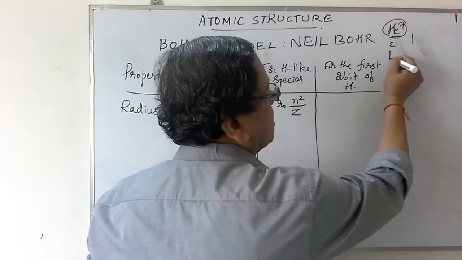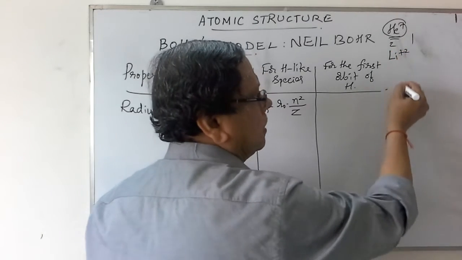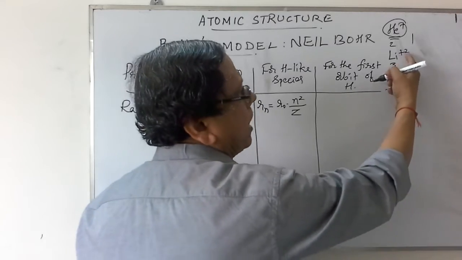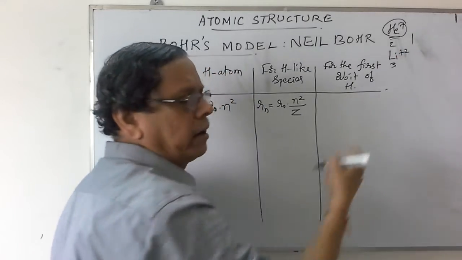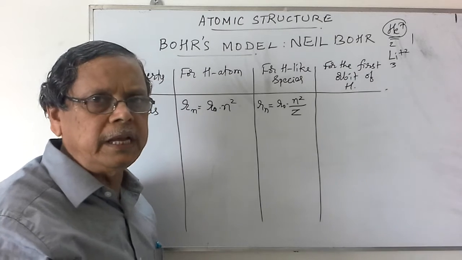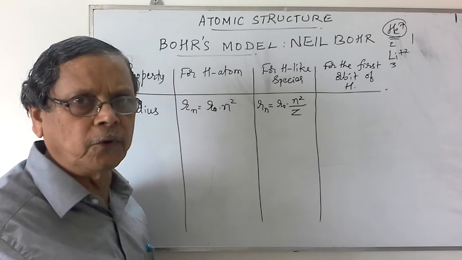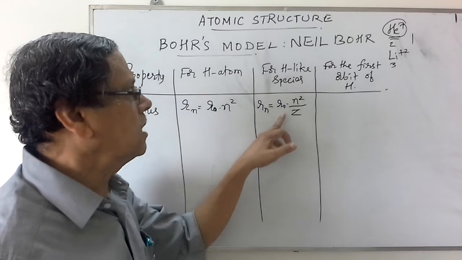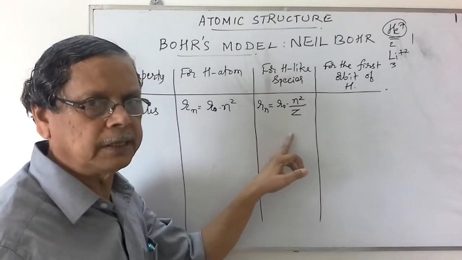Similarly, lithium with plus 2 charge: atomic number of lithium is 3, but when 2 electrons are lost, it will have only 1 electron. Similarly, beryllium plus 3, boron plus 4, carbon plus 5. All such species are called hydrogen-like species.